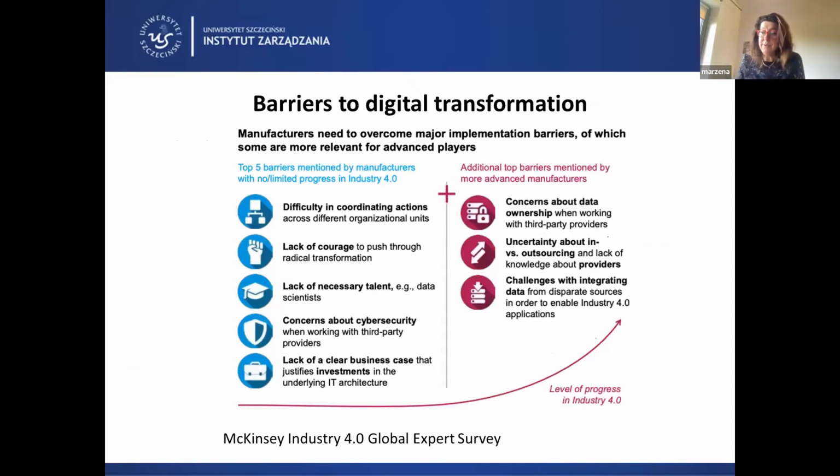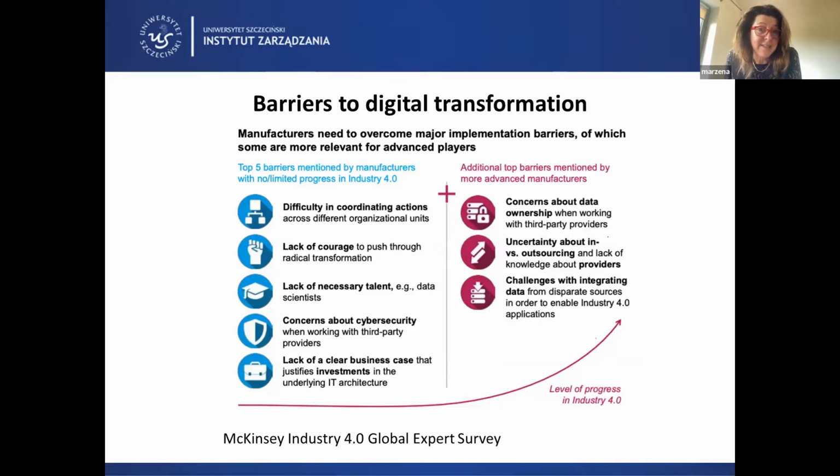We have to be aware of it. You can see here the McKinsey study related to barriers to digital transformation. Among the 5 most important barriers, there is the difficulty of coordinating actions across different organizational units. There is the lack of courage to push through this radical transformation.